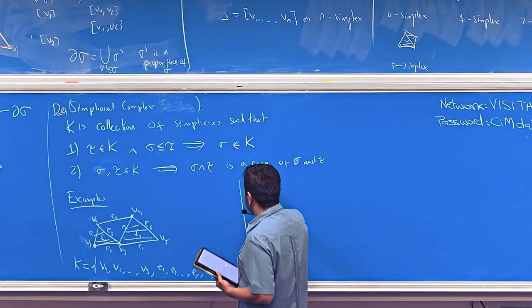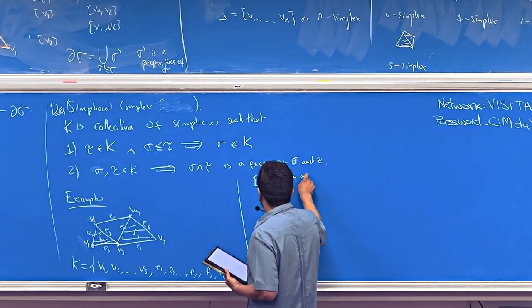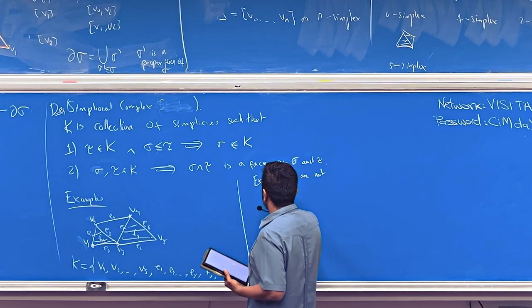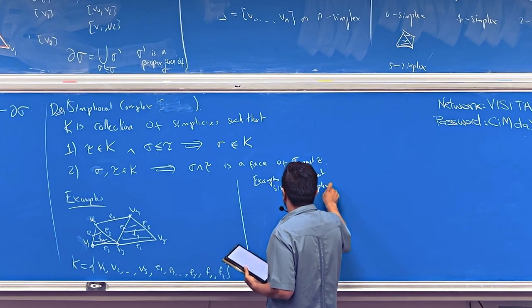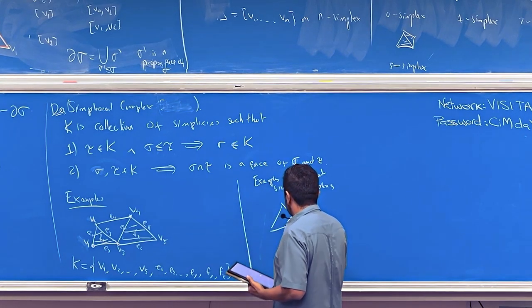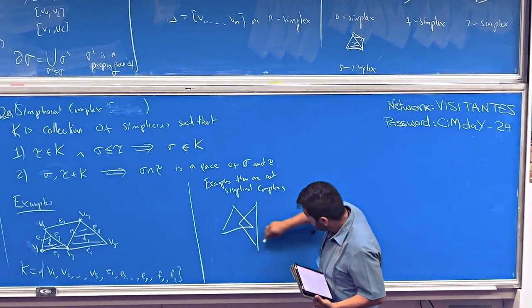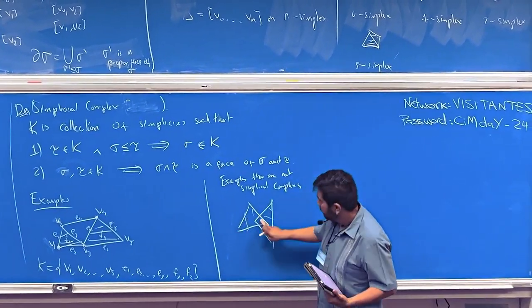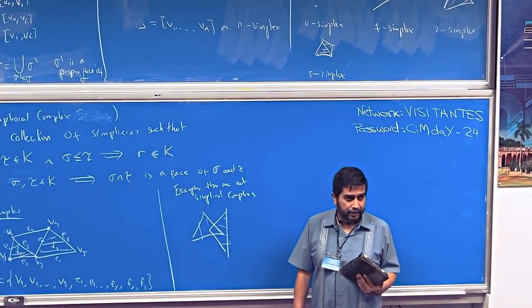Examples that are not simplicial complexes. For example, if you have something like this, it's a collection of two triangles, but the intersection of these two triangles is nothing that looks like a simplex, right?